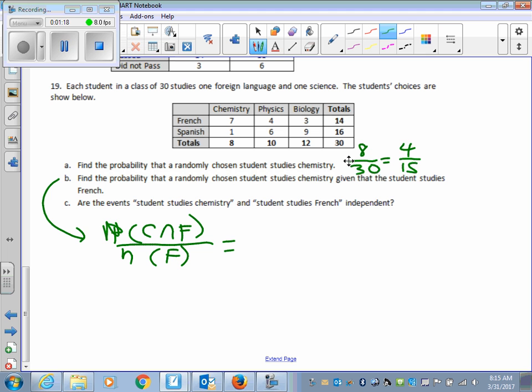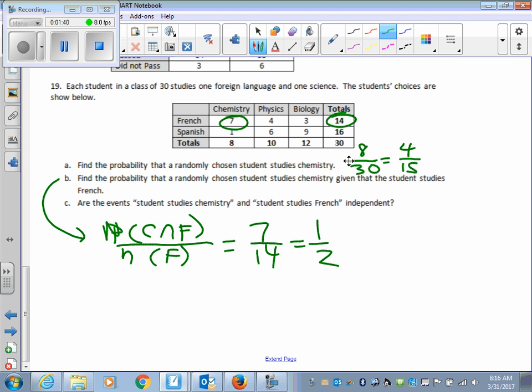So chem intersect French is this 7 right here, and the number in French is this number right here, so we end up with 1/2. For the probability that a randomly chosen student studies chemistry given that the student studies French.